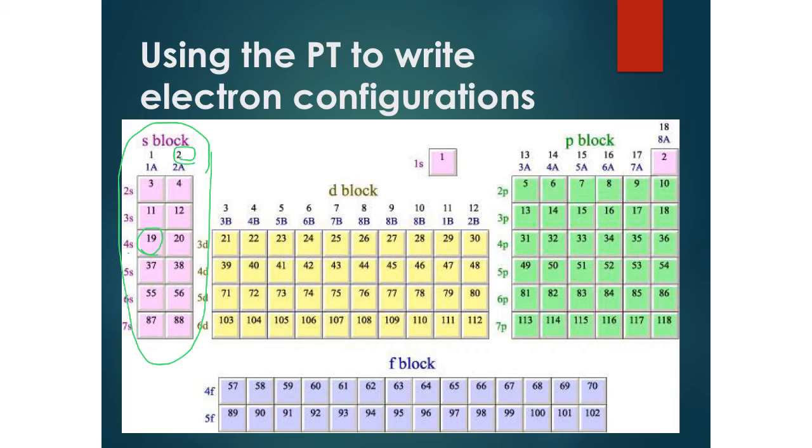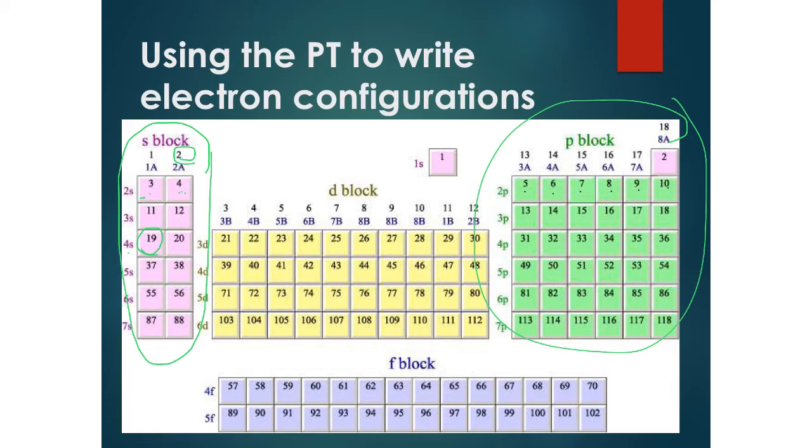Anything in the second group is going to end in S2. So notice the S block, 2 columns wide because S can hold 2. The P sublevel can hold 6 electrons, and lo and behold, the P block is 6 columns wide. So it's going to be P1, P2, P3, P4, P5, P6.